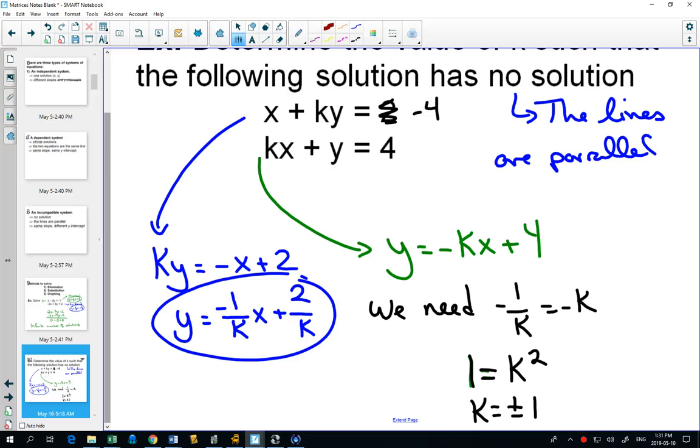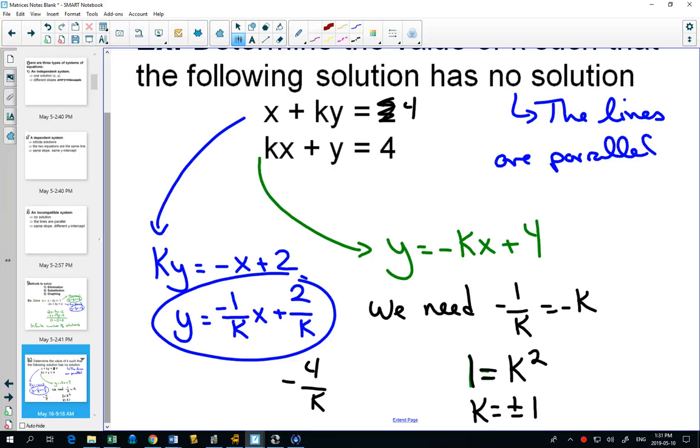Because if k is positive 1, here you would have negative 4 over k, right? If k is positive 1, I think I would like it to be positive 4. Yeah, even better. If I was a math teacher trying to find out if you knew every little detail, I'd make it positive 4. Why? Because sometimes you square root both sides and what do you forget? The plus or minus.